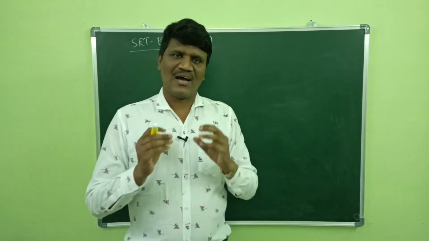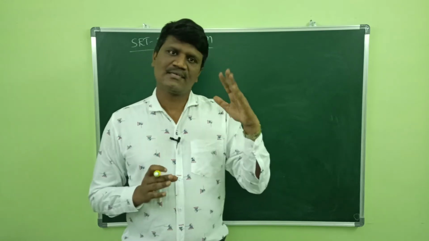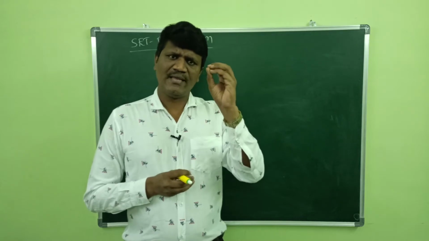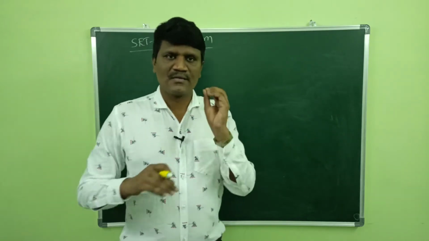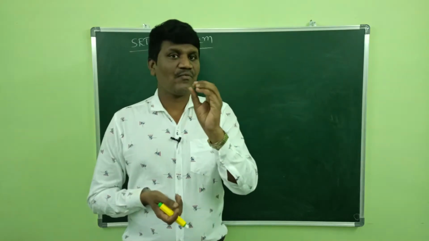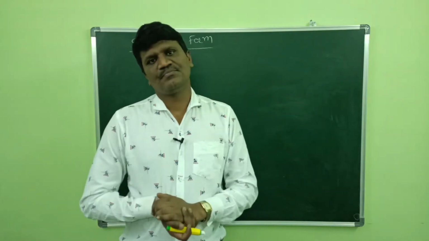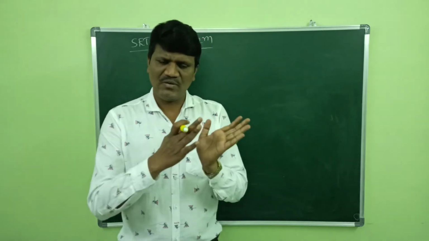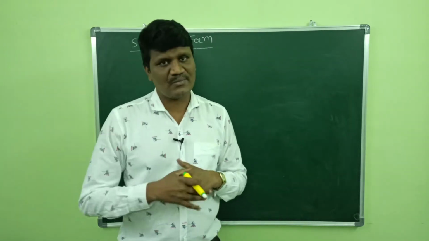Now let us see the second one, the set builder form. Let us see how to represent a set in set builder form. In roster form, you may have a problem writing the elements. Suppose the question is the set of consonants of the English alphabet, how to write it? It will be very difficult, right? I need to write 21 elements.